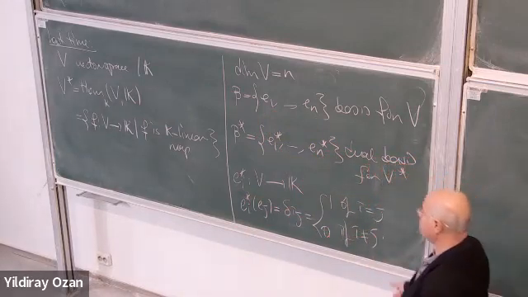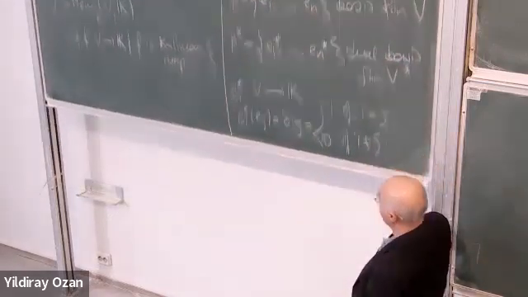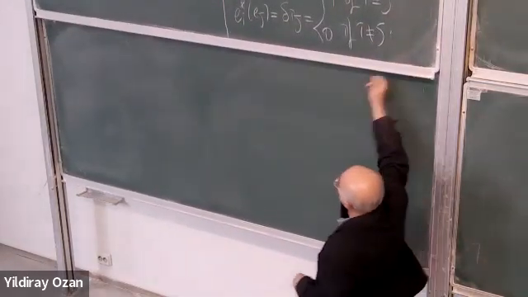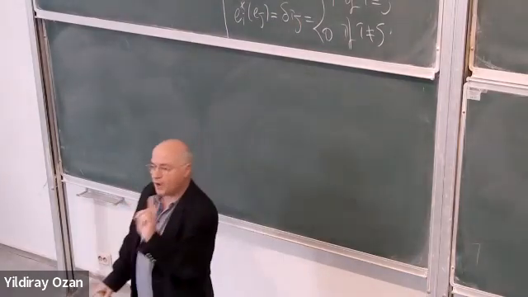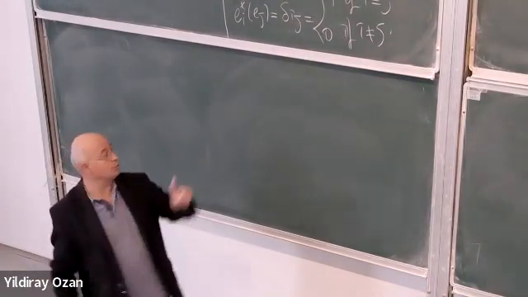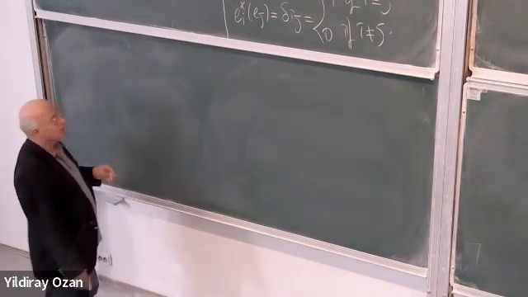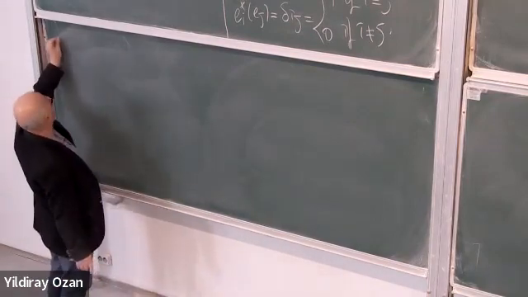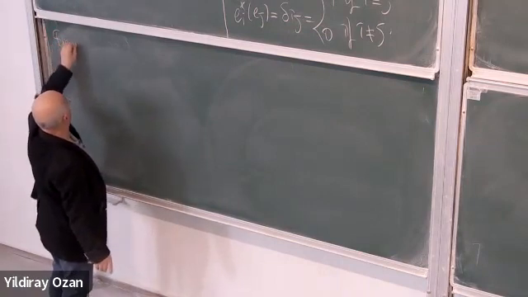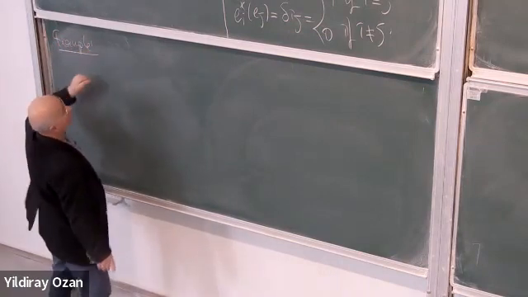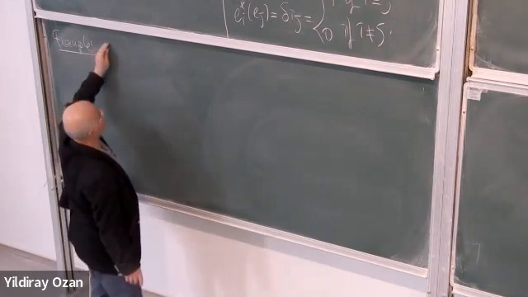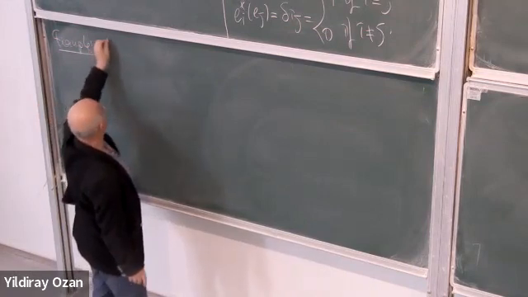Okay. I guess I have done one example where we constructed all this E1, E2, and so on. If you want, I can do one more example. Let us, for example, consider the following vector space.